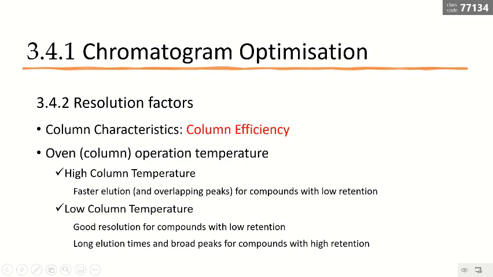Another parameter we are going to talk about is the operation temperature, which we are going to manipulate in our laboratory soon, or not that soon, for the practical session.